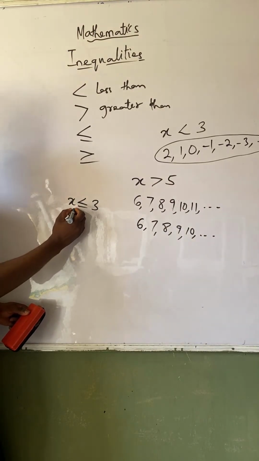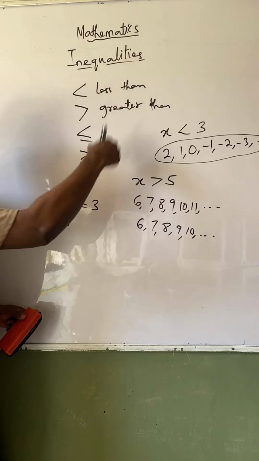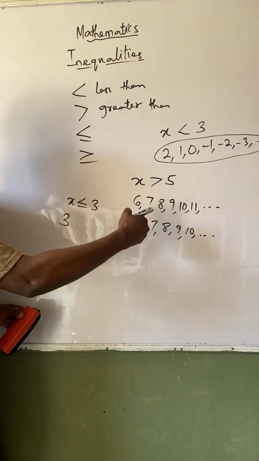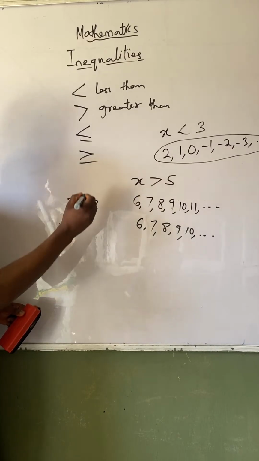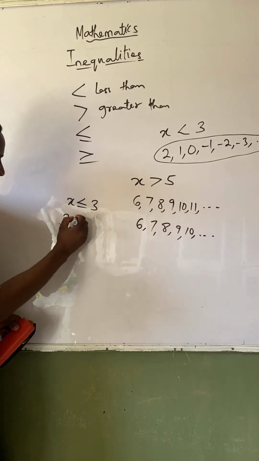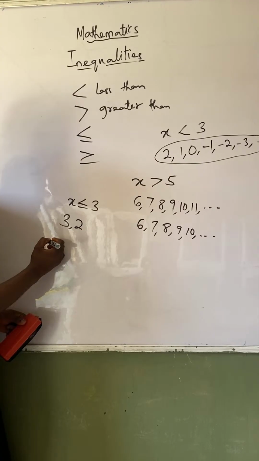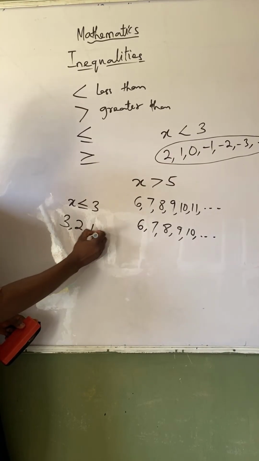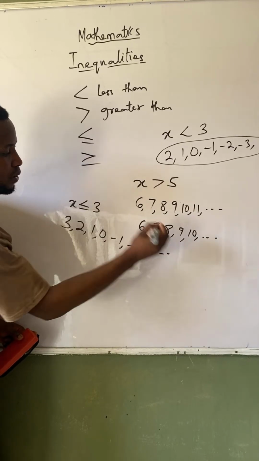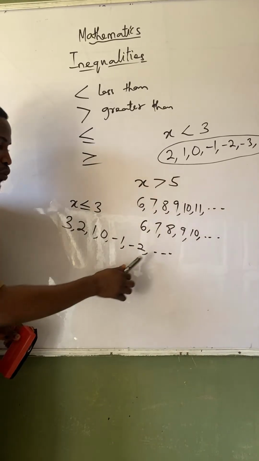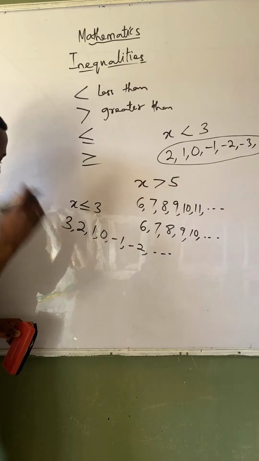It's not saying that x is greater than it. It's still less, or it can be up to it. So x is less than 3 or up to 3. And then going downward, we have 1, minus 1, minus 2, towards negative infinity. That's why I represent it with my 3 dots, the suspension point.